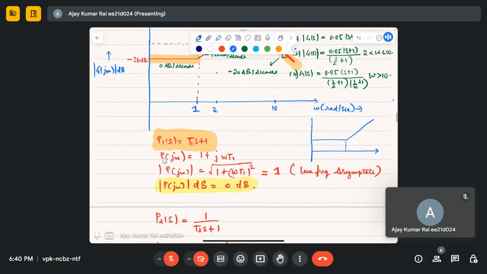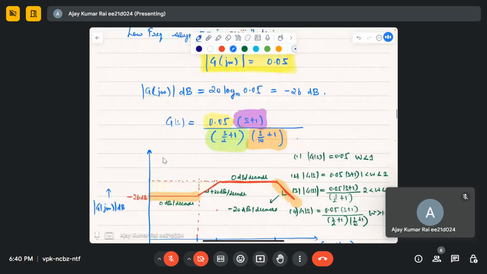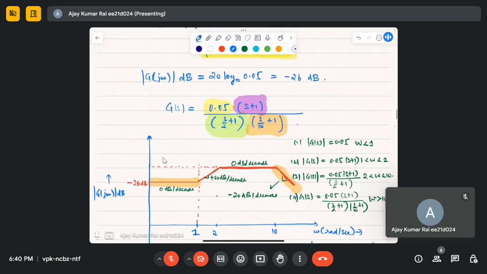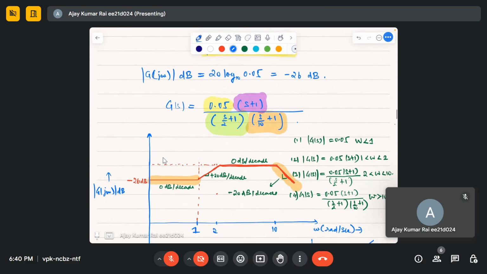This is the corner frequency, like 1 by T1, this is 0 dB. This is like 20 log of omega. And what was the slope we have seen in the theory? This is 20 dB per decade, or plus 6 dB per octave.